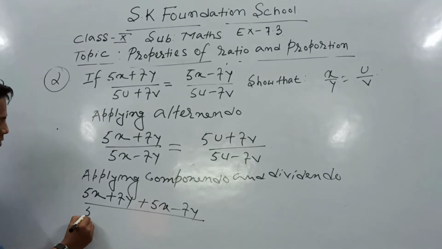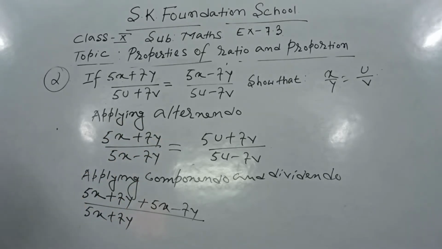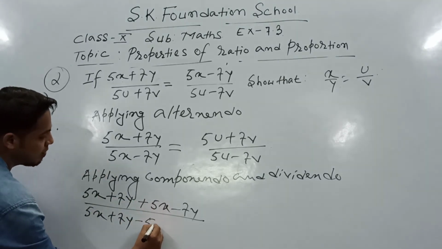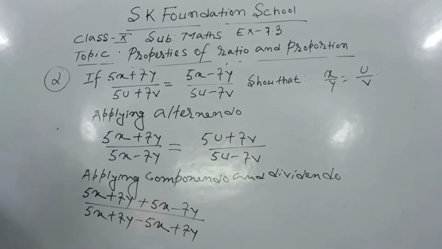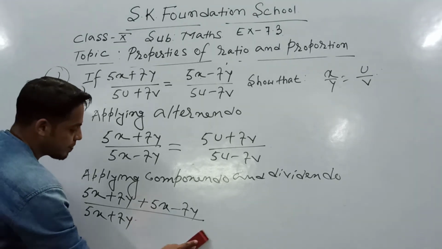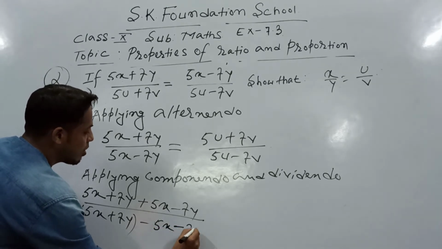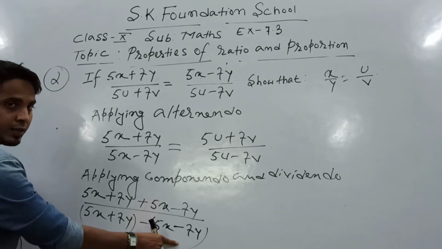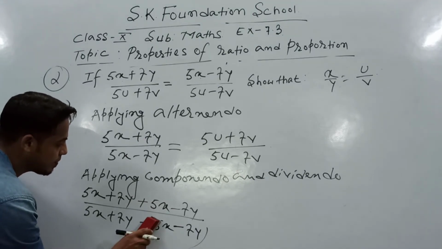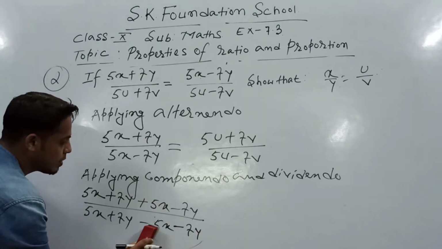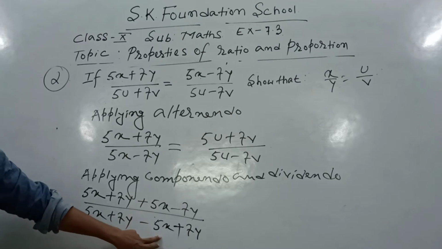And in this portion 5x plus 7y, numerator minus denominator, so 5x minus 5x, and this minus and another minus become plus. Directly represented, it is plus minus minus, and this minus minus now plus. So 5x plus 7y minus 5x plus 7y.